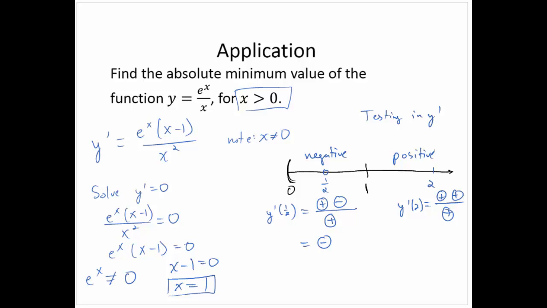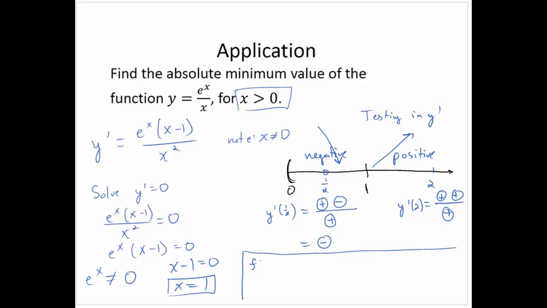So what that tells us, remember, is that the original function was decreasing and then increasing. And so I would expect a minimum value. And since we're only looking at x greater than 0, the absolute minimum of the function must occur when x is 1.